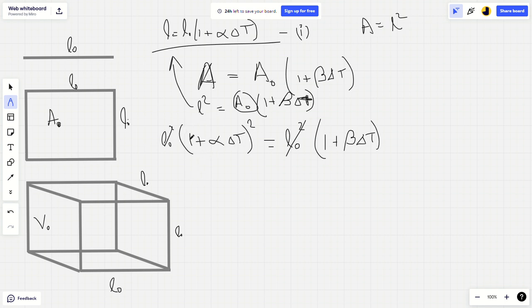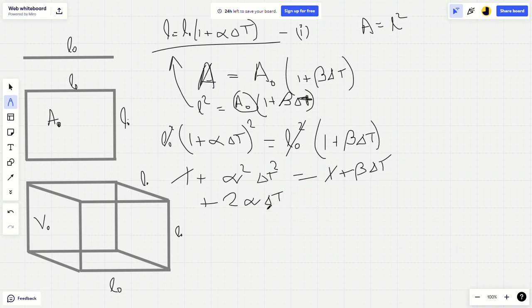You can see this is the a plus b whole square formula, so we write 1 plus alpha square delta t square, oh, I missed a term, my bad, plus 2 alpha delta t, equals 1 plus beta delta t. How could I miss that? Yeah, that's the main thing.